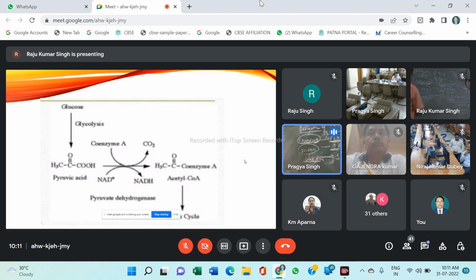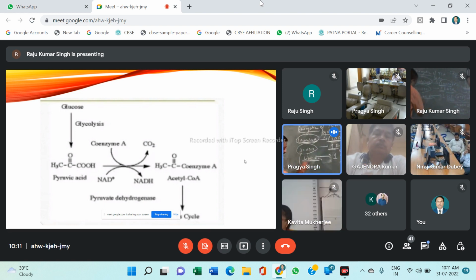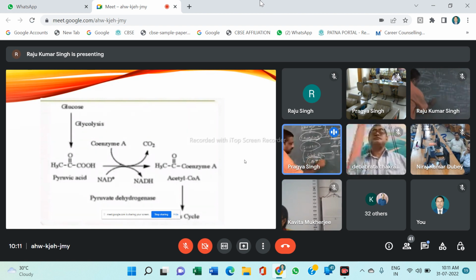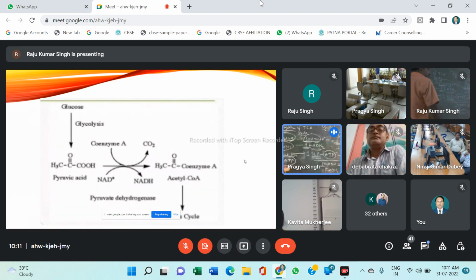These 2 NADH will give rise to how many ATP? That is 6 ATP. So 24 plus 6, if you see, how many is it coming? That is 30.